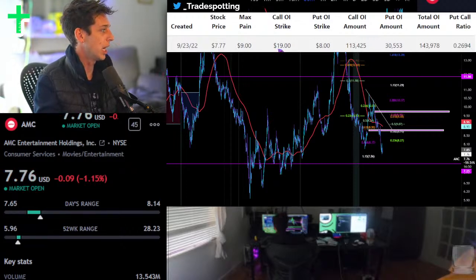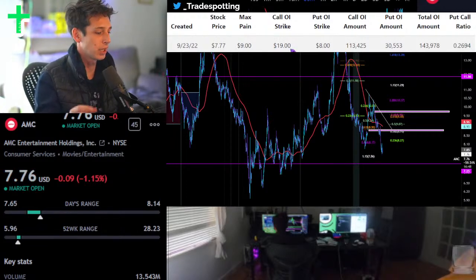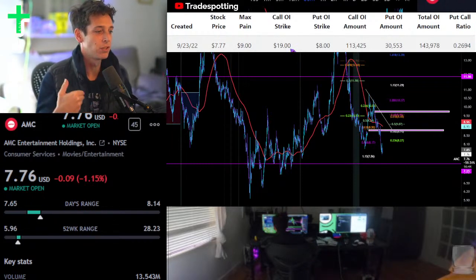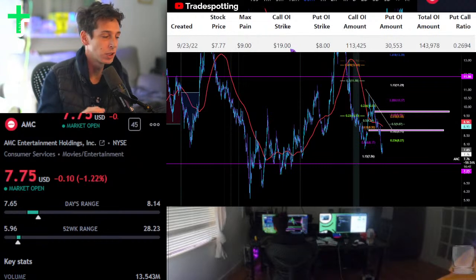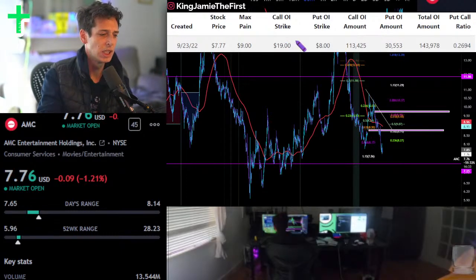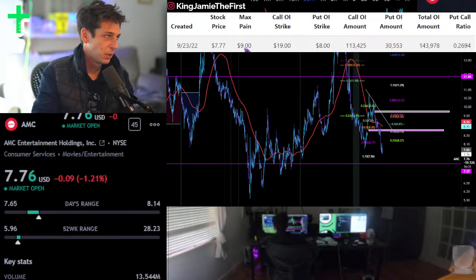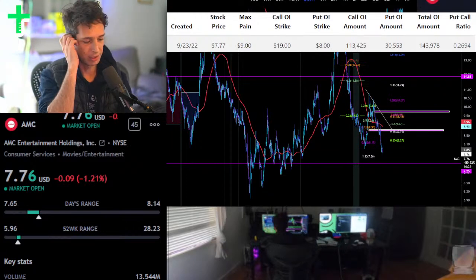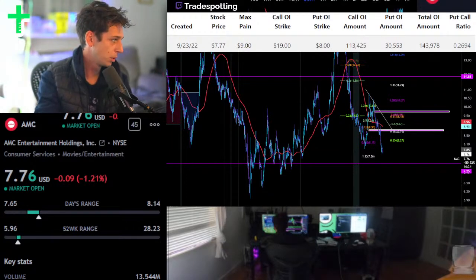You can certainly see the highest call open interest strike, the highest level of volume on any one strike price for those on the call side, the bulls, that's $19. So you would expect that to be resistance. That's obviously coming up in a couple of short hours. So we're considerably further away than you might like on that side of things. And so I wouldn't really worry too much about the top side resistance from here, especially in this current downtrend.